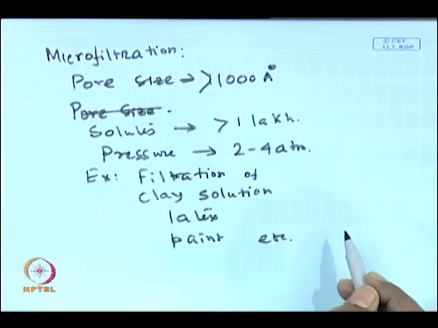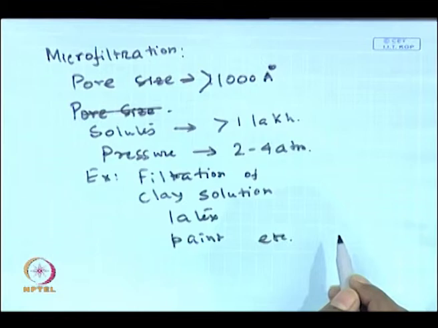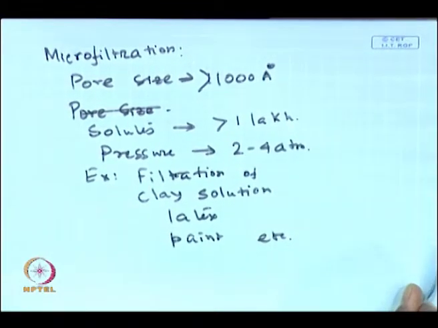Now, once we have categorized the various membrane based processes, we will go for certain definitions which are pretty important whenever we do the design, and we will be discussing various processes in the later half of the course. So, let us look into some of the useful definitions.